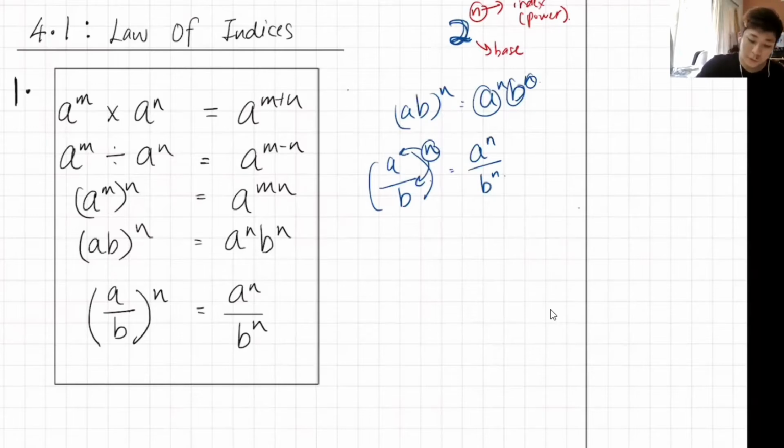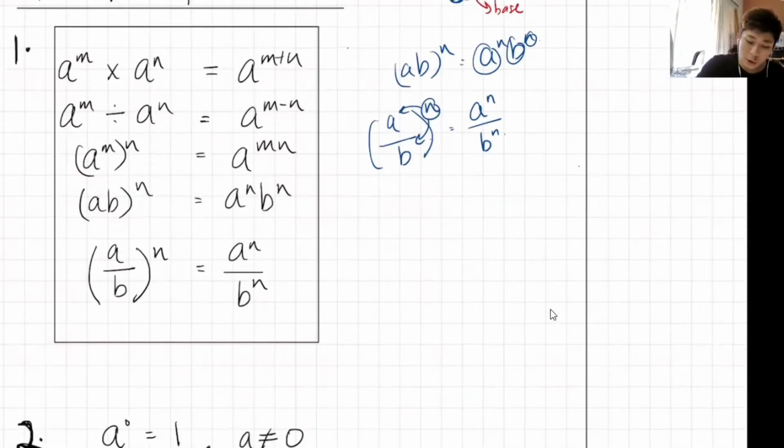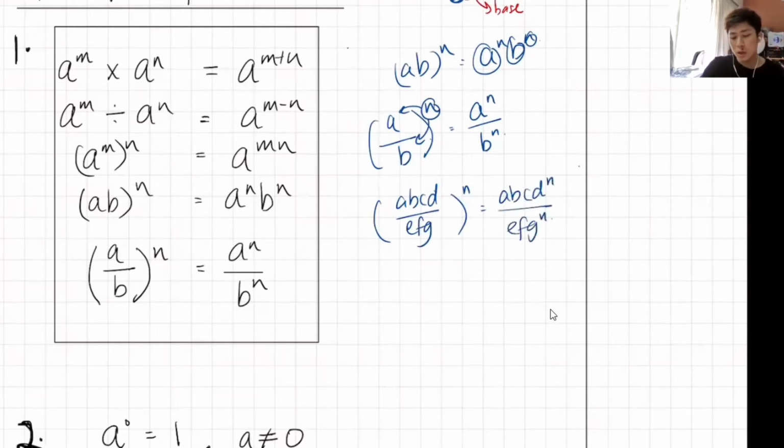When you have maybe a, b, c, d over e, f, g, to the power of n, you just throw the power in. And don't forget, you don't write this: a, b, c, d to the power of n divided by e, f, g to the power of n. It's not correct.